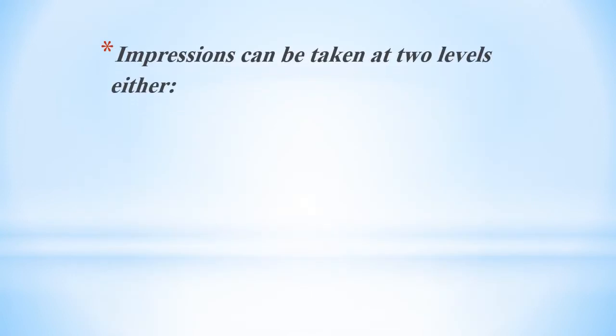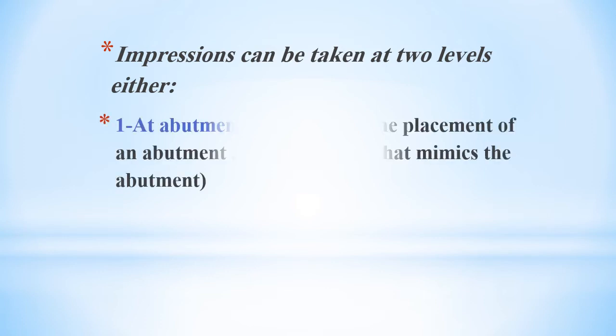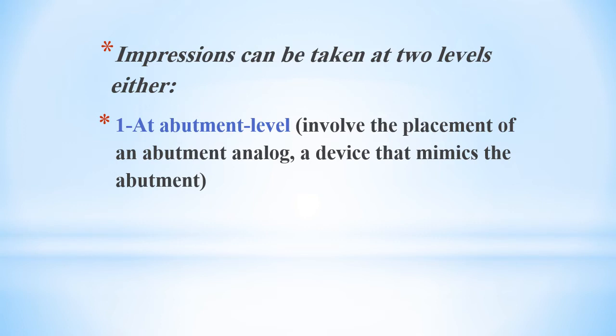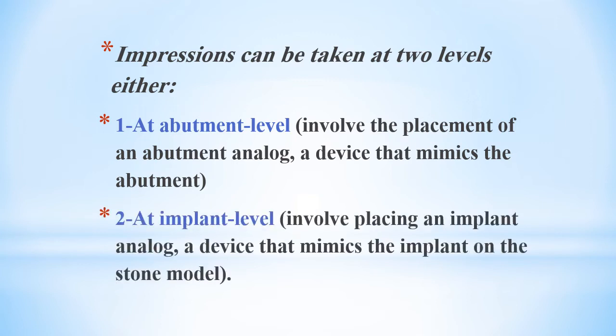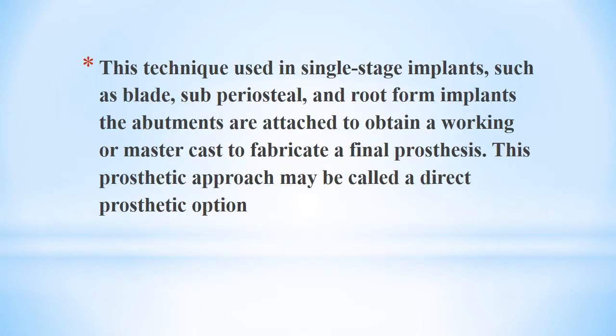The impression can be taken on two levels: either abutment level, which involves the placement of an abutment analog, a device that mimics the abutment, and the second type is implant level, which involves placing an implant analog, a device that mimics the implant on the stone model.